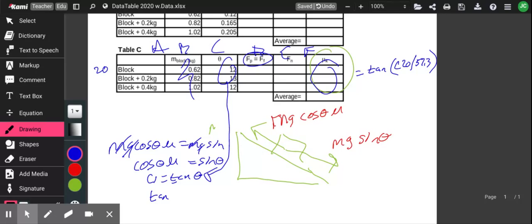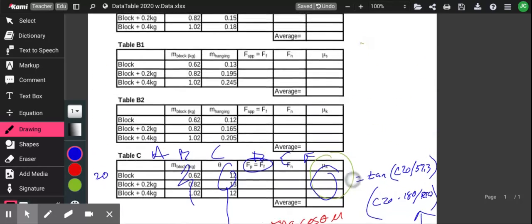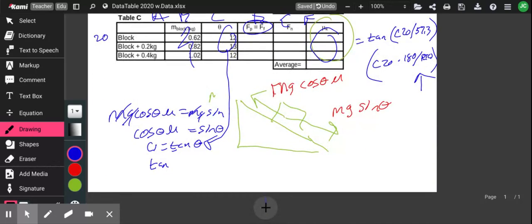If you want to really convert it, you would have to do something like C20 times 180 divided by capital P, capital I, open close parentheses. And that gives you your conversion. But I'll let you do the 57.3 degrees here, which is 180 divided by pi rounded to the tenth. And that will get you your angles and your coefficients of friction. Now, from there, you will go and analyze this data in your lab report. If you have any questions, please let me know.